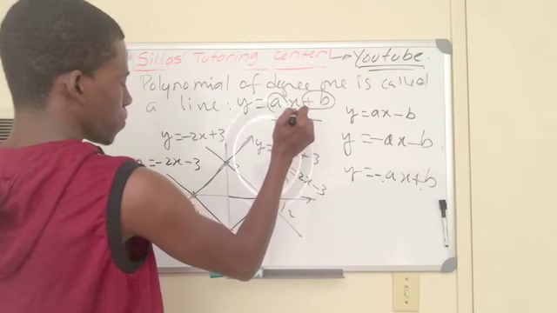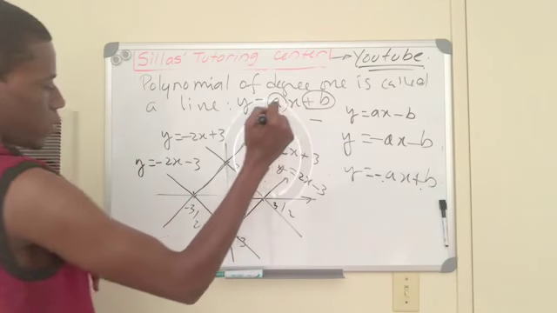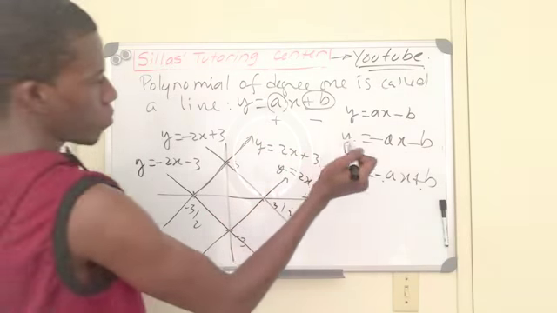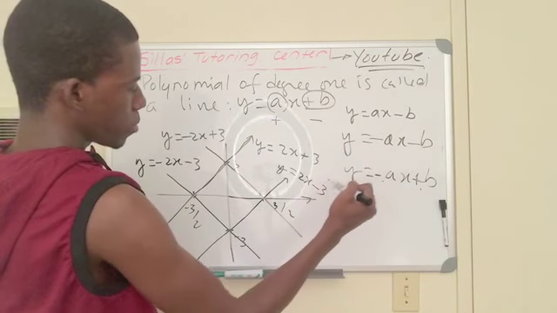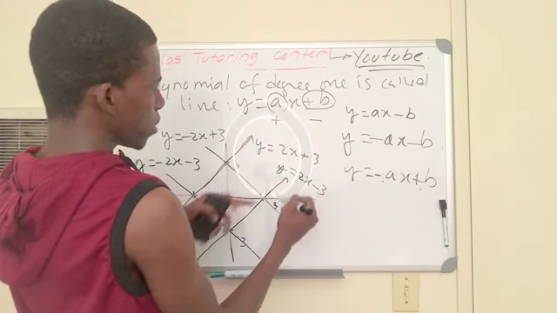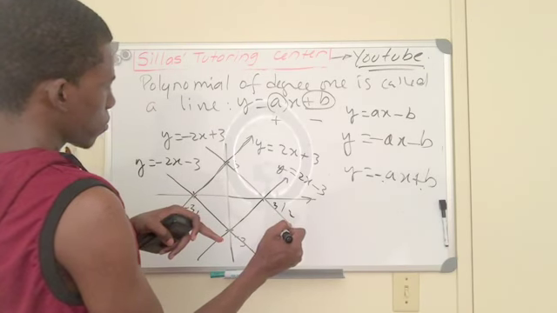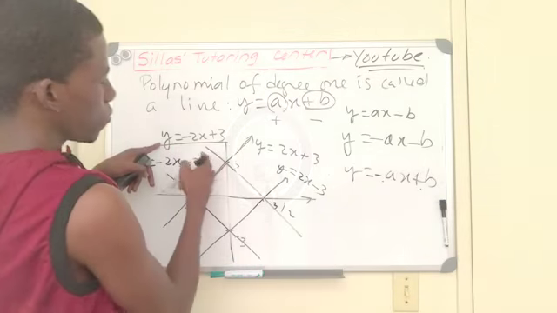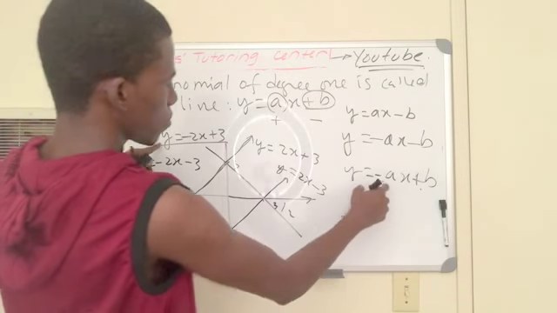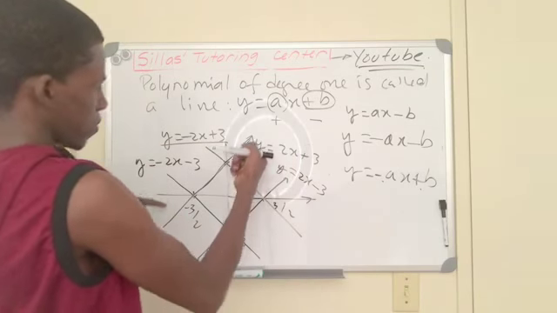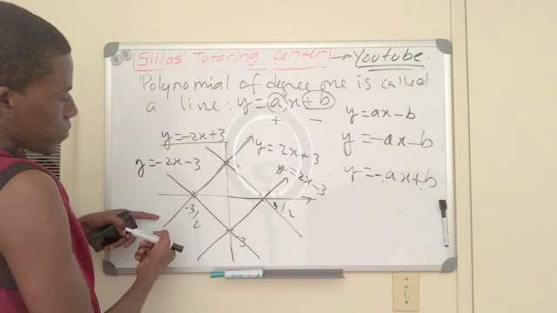Minus ax plus b, first quadrant. Ax plus b, second quadrant.